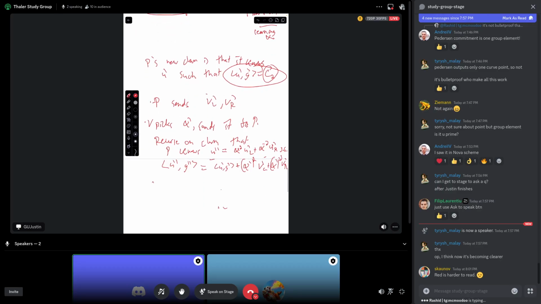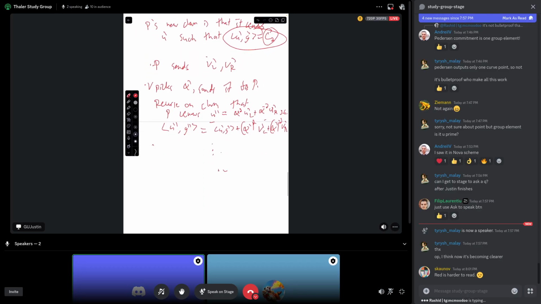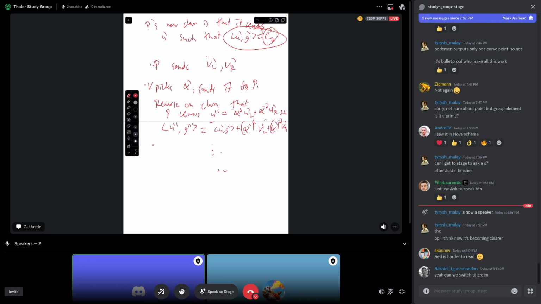So they just continue this, just as I explained in the wishful thinking situation, where every round the prover sends the two cross terms, the verifier picks a random field element, and they use it to take a random linear combination of the left and right halves of the two vectors at play in that round.